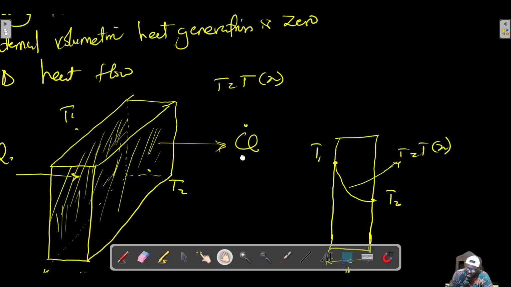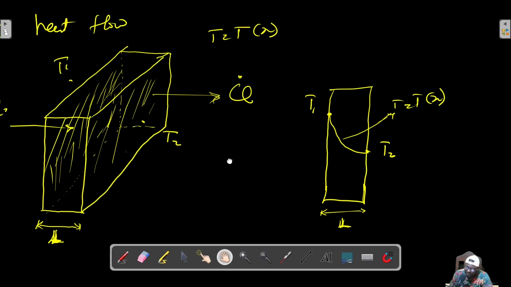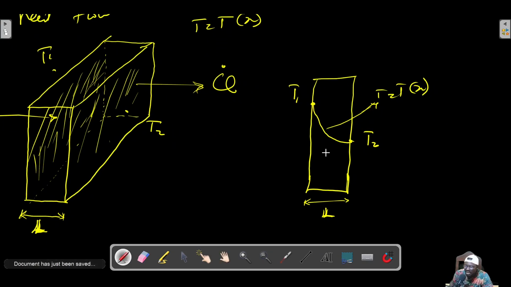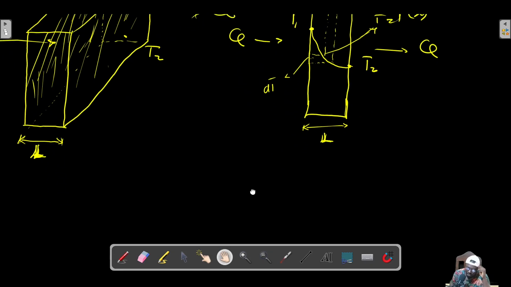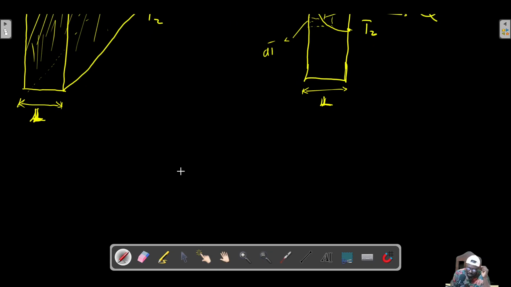Small dx is basically the infinitesimal thickness of the infinitesimal block we use for the derivation of the equation. So for a small dx in the thickness, you're also going to get a small change in temperature dT, and the heat flow is from here to here. That is simple.